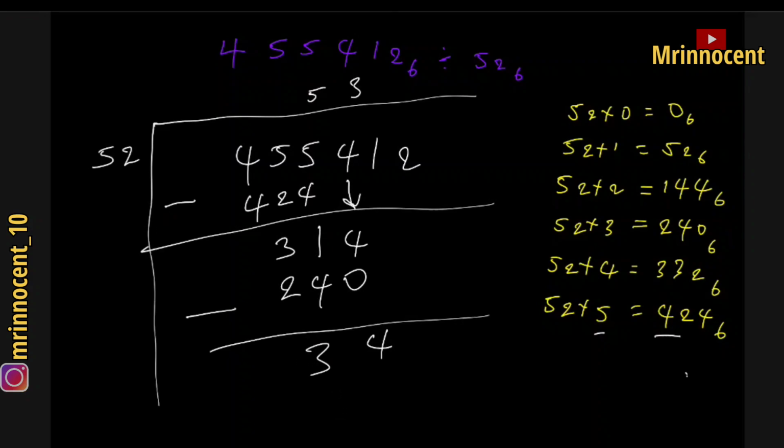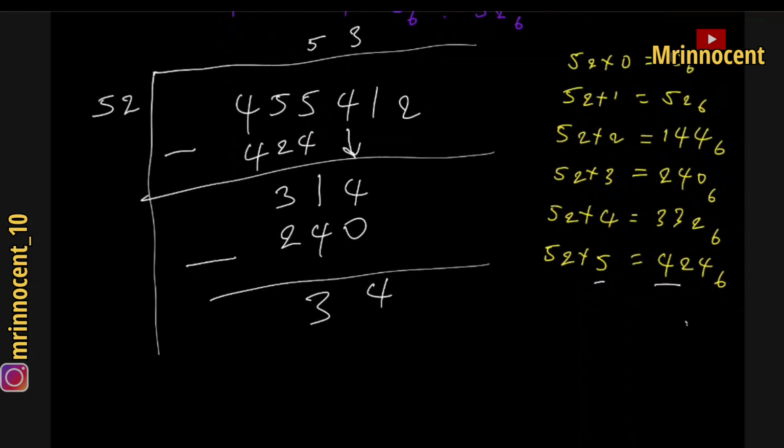52 divided by 34, you cannot, bring down 1. So 52 divided by 341. Come here, this one, 332, is less, and 424 is more. So this one is 4. 4 times 52 is 332.